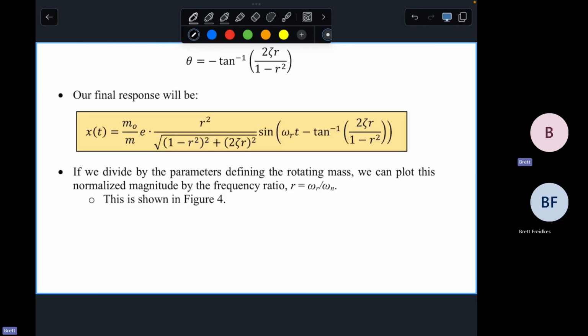So our final response depends on the point mass, the big mass, the eccentricity, the frequency ratio, and the damping. I hope that all makes sense why it depends on those things. If we have more damping, that'll change the response. If you're oscillating near, at, or above resonance, that will change the response.